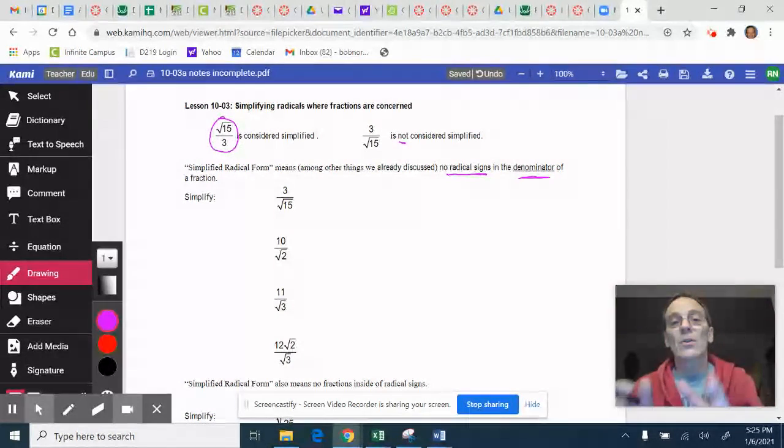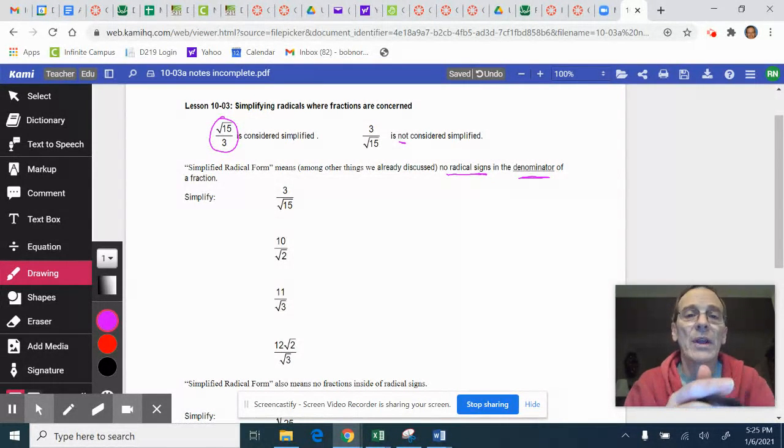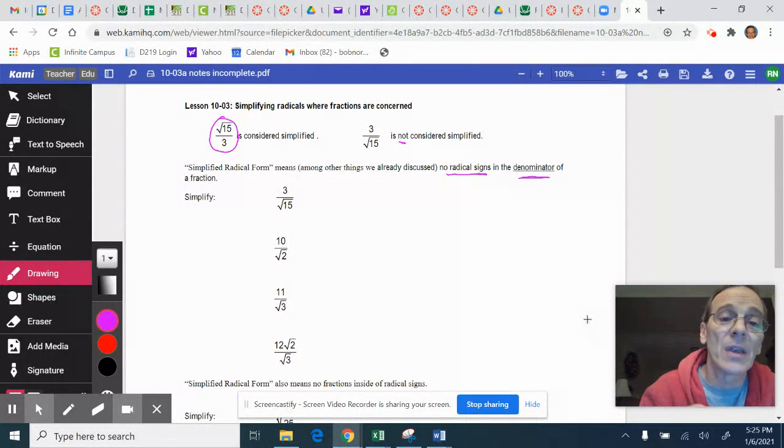But in the denominator, no. And so we want to transform the appearance of the fraction until there is no radical sign in the denominator anymore. Now, if we end up with a radical in the numerator, that's okay. Or if the radical completely goes away, that's okay. We just don't want to have a radical in the denominator. And here's how we deal with that.